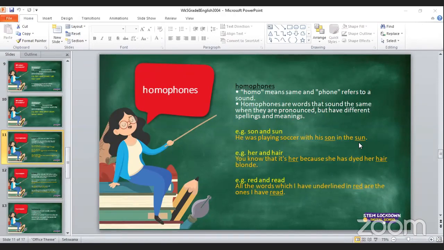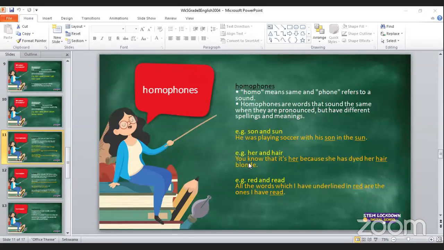Okay, let's move on. The second example, her and hair. Her is the personal pronoun for a female, right? And hair, the hair on your head, right?